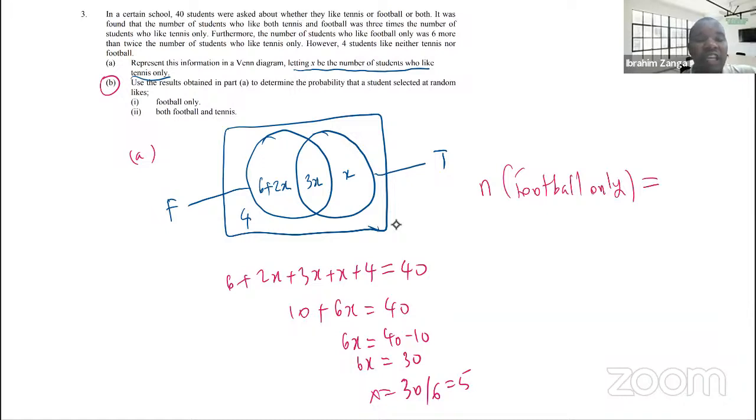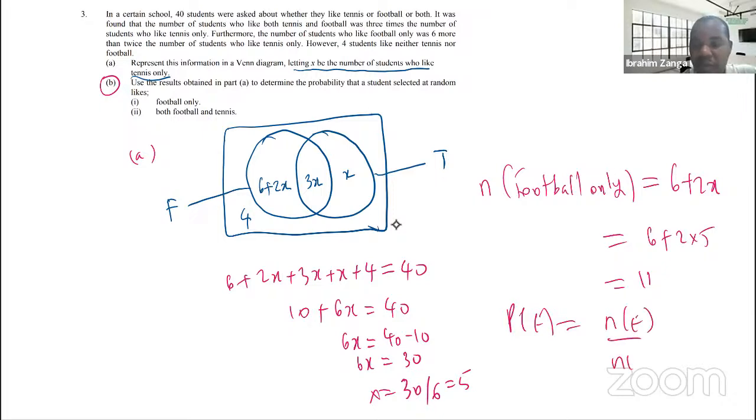Number of football only will be 60 plus 2X, which is actually 60 plus 2 times 5. You have 11. So probability of football only for our case here, probability of event, I'm going to take number of event over number of sample space.